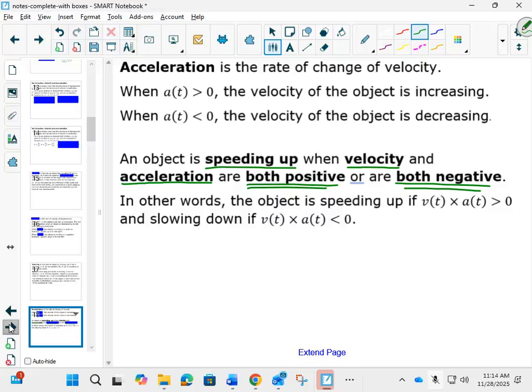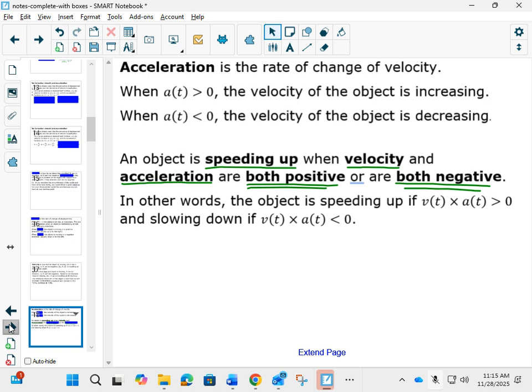And a negative acceleration would just mean I am increasing in this direction or decreasing in this direction. So if I'm decreasing in this direction, but I'm going in this direction already, I would be speeding up. So if your signs are the same, then you would be speeding up. If the signs are different, one's positive, one's negative, you will always be slowing down.